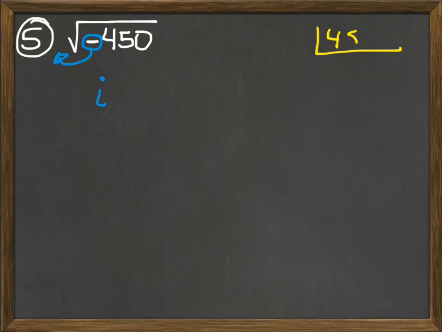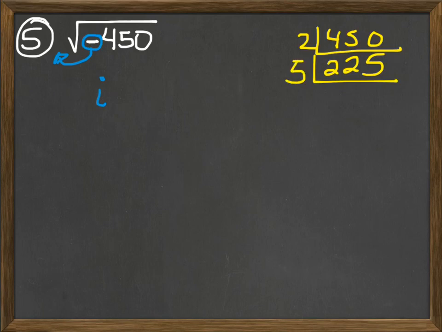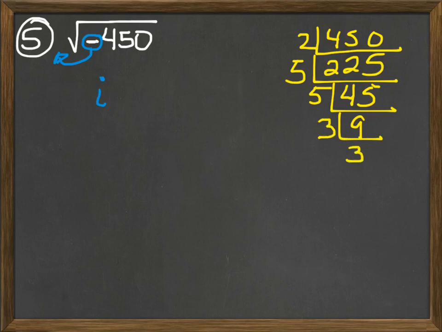So 450 divided by 2 gives us 225. We're going to divide that by 5, giving us 45. And we're going to divide that by 5, leaving us with 9. Divide that by 3, giving us 3. So I'm looking for what perfect sets do I have inside.